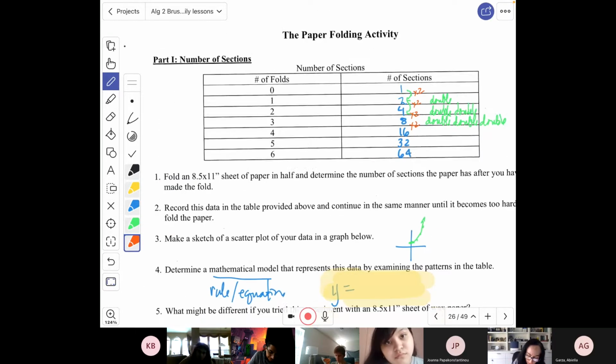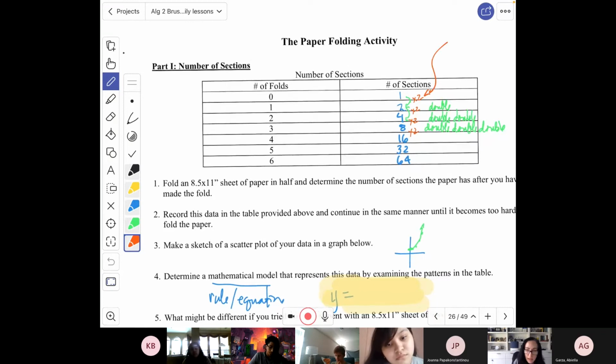What we are seeing here is a constant ratio or a constant multiple, right? So if I go from here to here and I divide, and I go from here to here and I divide my outputs, what is my constant ratio?